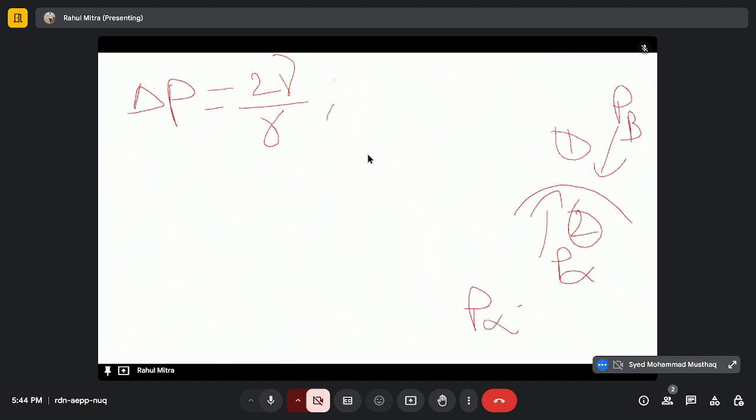P alpha equals P beta plus the excess term, which will be 2 gamma divided by R.